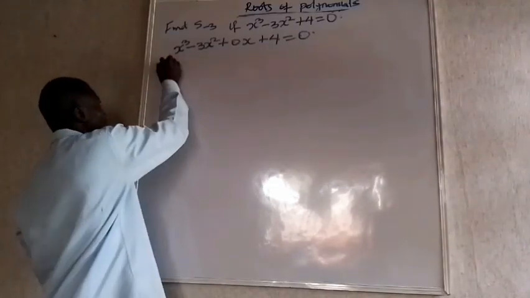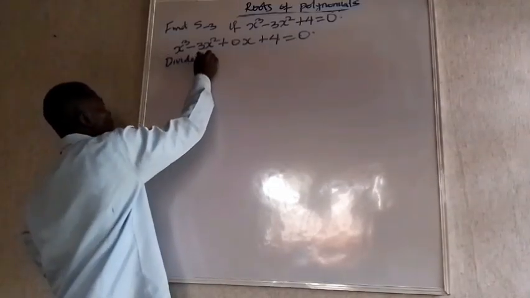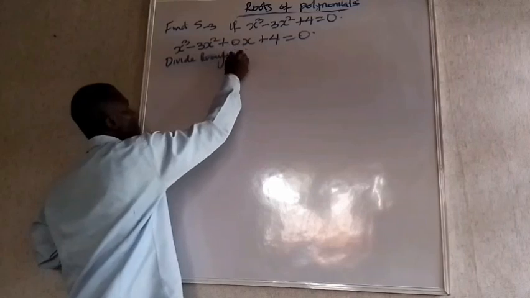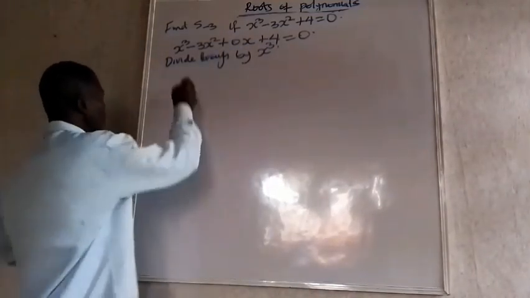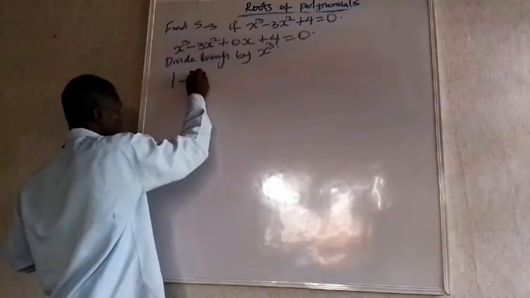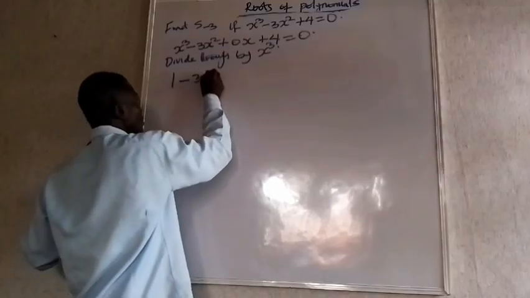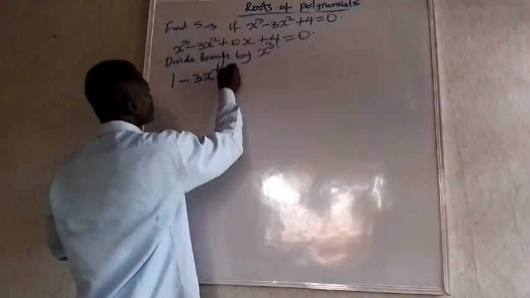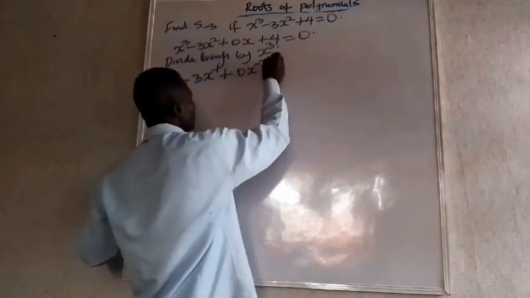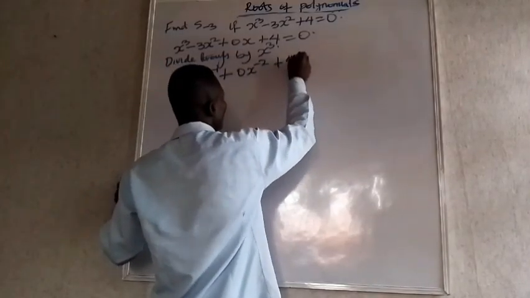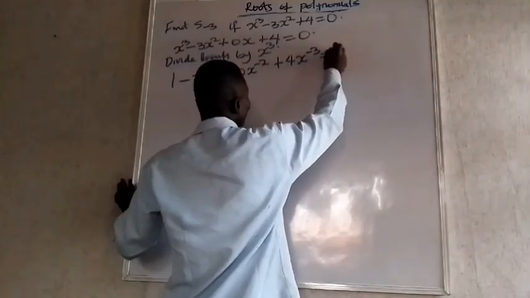Now, let's divide through by x cubed. We now have 1 minus 3 x raised to the power minus 1 plus 0 x raised to the power minus 2 plus 4 x raised to the power minus 3.